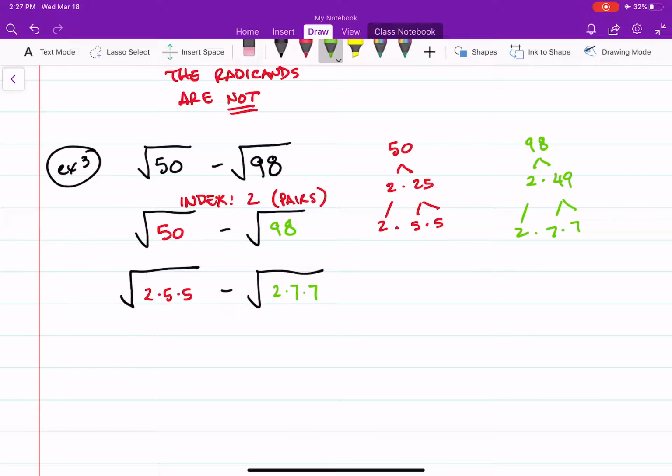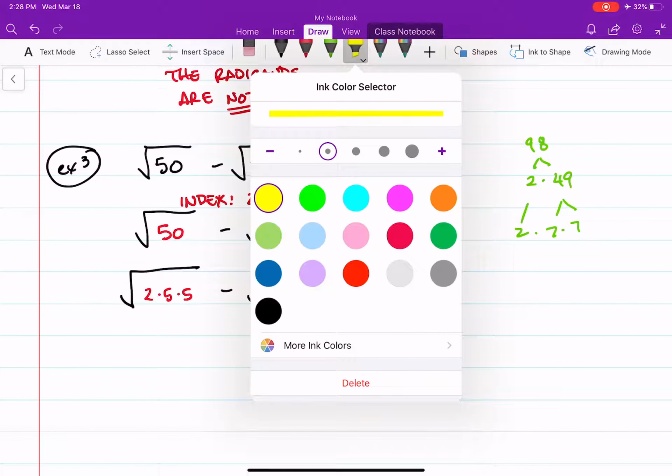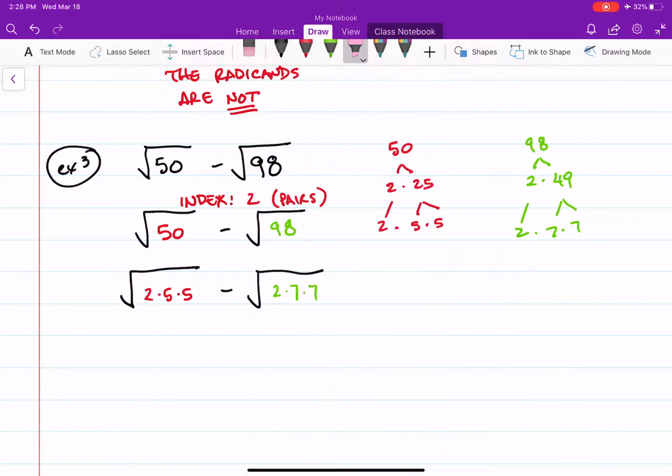And what I'm noticing is that there's a pair of 5s here and a pair of 7s here. So that means this pair of 5 can come out, leaving me with that 2 staying inside because it has no pairs to come out to play, minus the pair of 7 can come out.